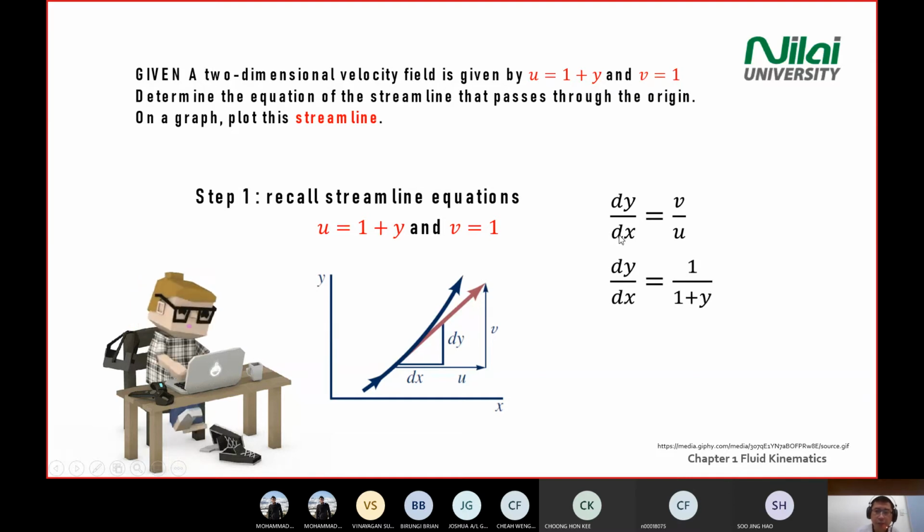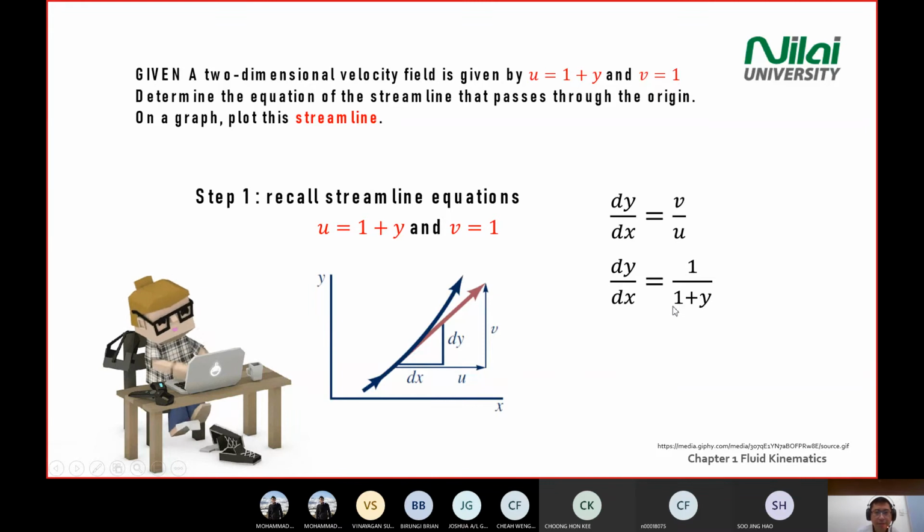Then you substitute the values given in the question. For example, u equal to 1 plus y in the u location, and v substituted there, you get dy/dx equal to 1 divided by 1 plus y. So this is very direct.